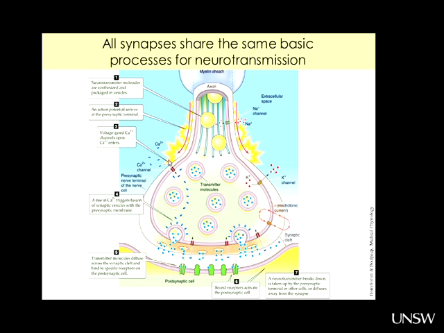We need the sodium to make sure there's enough depolarization to open the voltage-gated calcium channels. Calcium comes in, works as a second messenger, and it's going to trigger the fusion of these vesicles that are sitting here with the membrane, releasing the neurotransmitter to the outside.